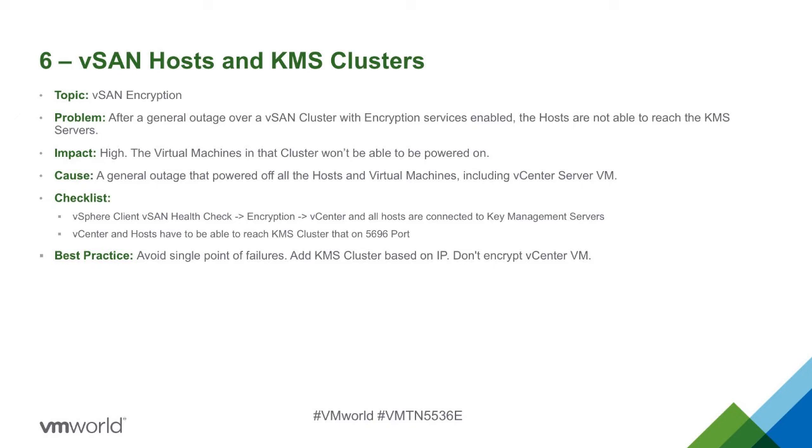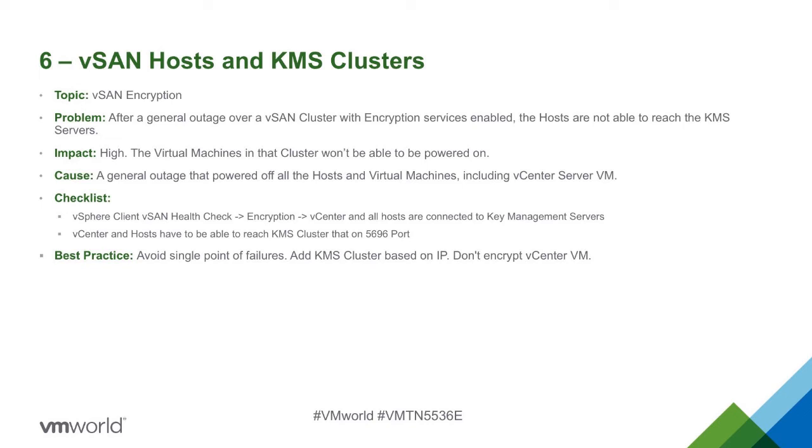The vCenter Server has to be integrated with a KMS cluster, usually using IP address, okay? And after that, the vCenter Server will request a key encryption key for all those hosts. In the case of vSAN, only one key encryption key, all right? For security reasons, those hosts will store those key encryption keys in memory.